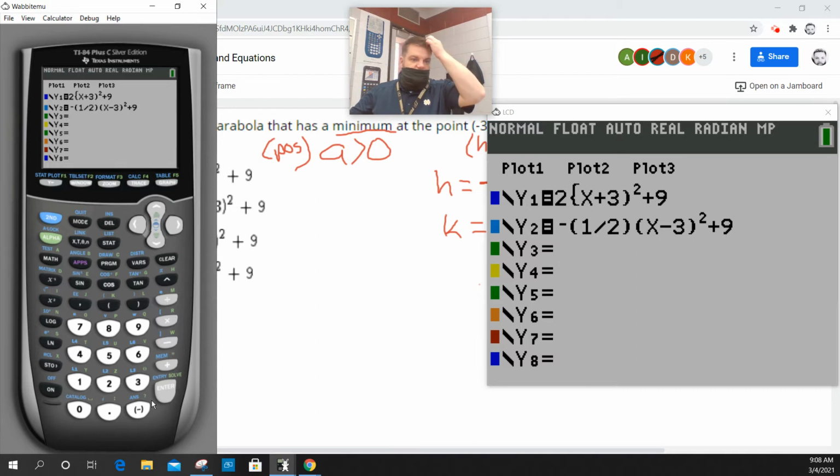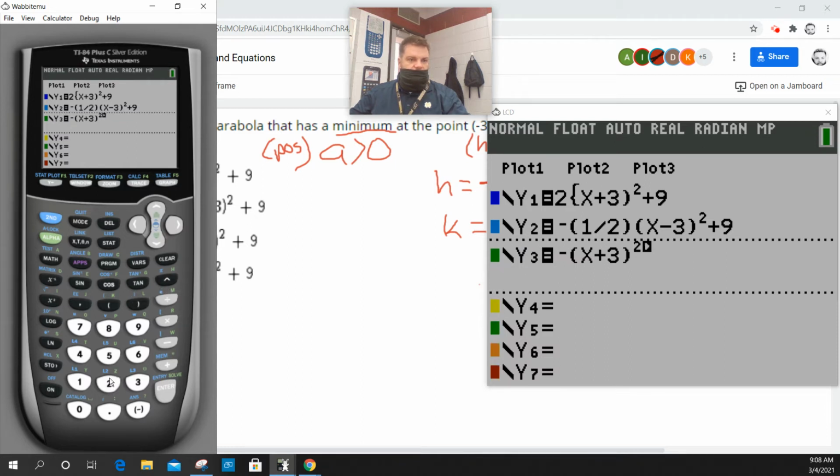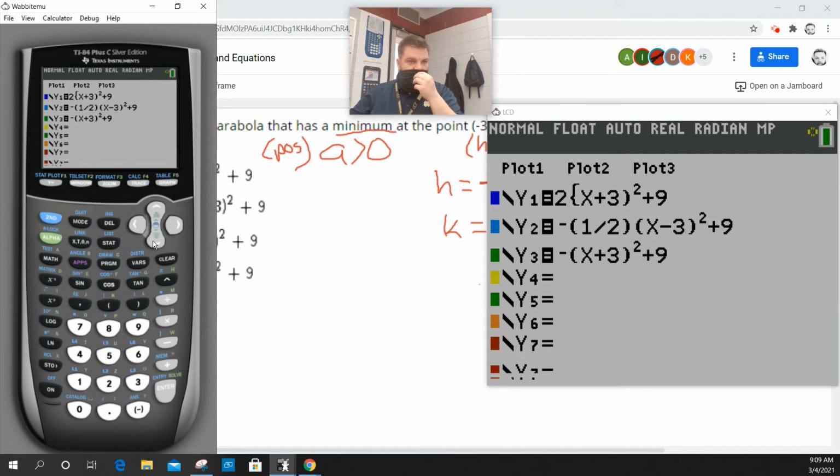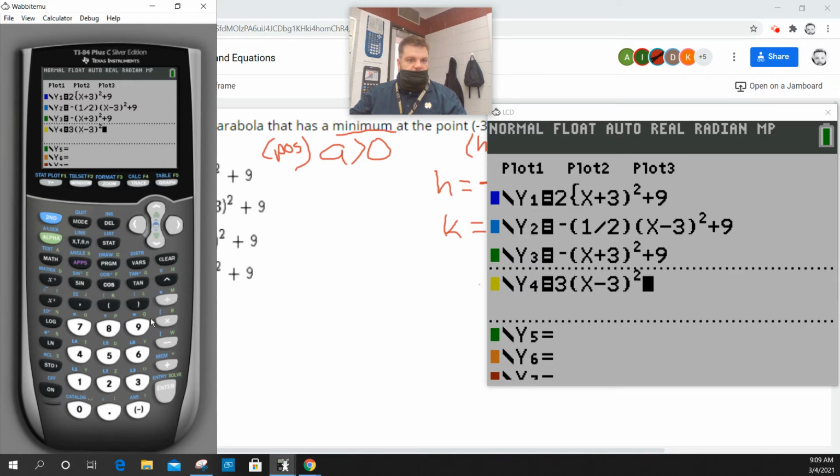The next one is going to be negative x plus 3 squared plus 9. And then 3 times the quantity x minus 3 squared plus 9.